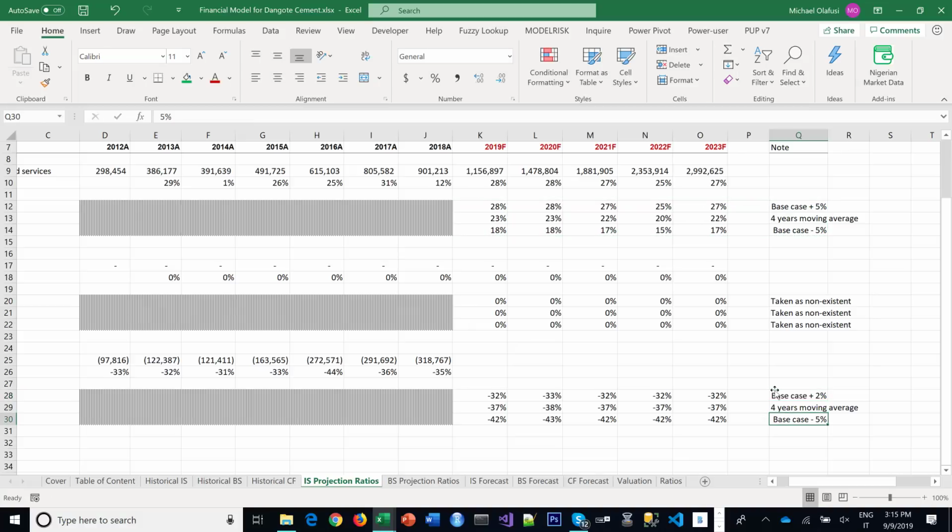So 2%, 2%, and let's see why this is not changing. Okay, so I'm going to say it should pick from here. I drag it down.